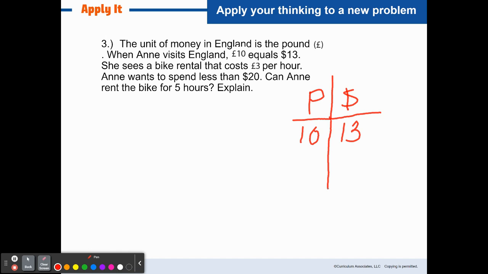She sees a bike rental that's £3 per hour. Okay, so 10 pounds is $13. She wants to spend less than 20, right?